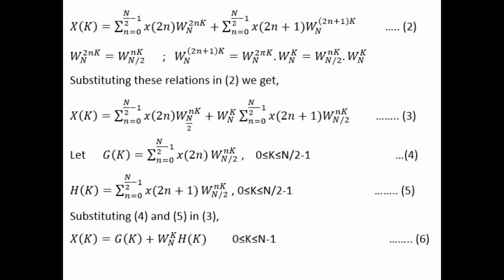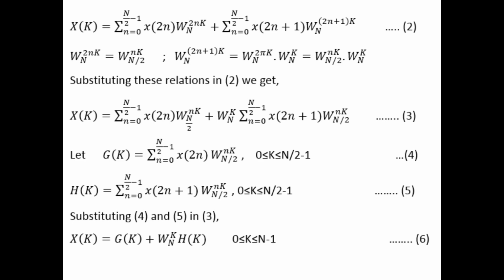We know that omega N of 2nk is equal to omega N by 2 of nk, and omega N of (2n plus 1) into k is equal to omega N of 2nk into omega N of k, which is equal to omega N by 2 of nk into omega N of k.